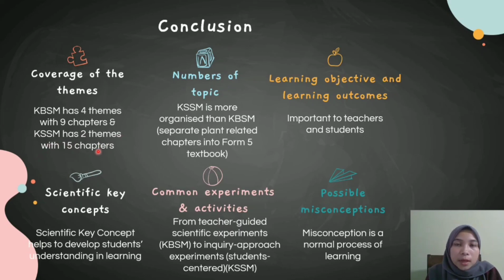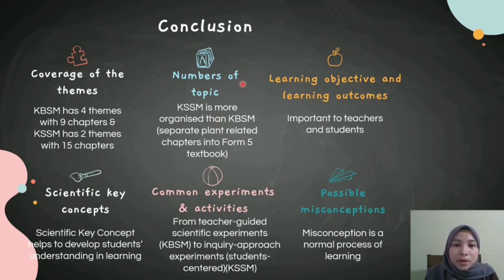So, KSSM themes provide basic scientific understanding regarding biology through inquiry and scientific investigation, and they also emphasize the understanding of physiological processes, knowledge about personal care, and the development of science and technology.